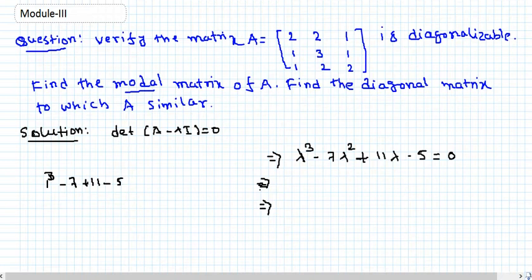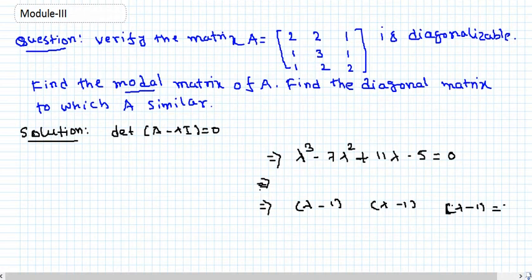So we get 6 and minus 6, which is 0. That's good, so lambda equals to 1 is a solution of this equation. So we write it in this form: lambda minus 1 times a quadratic equals to 0.